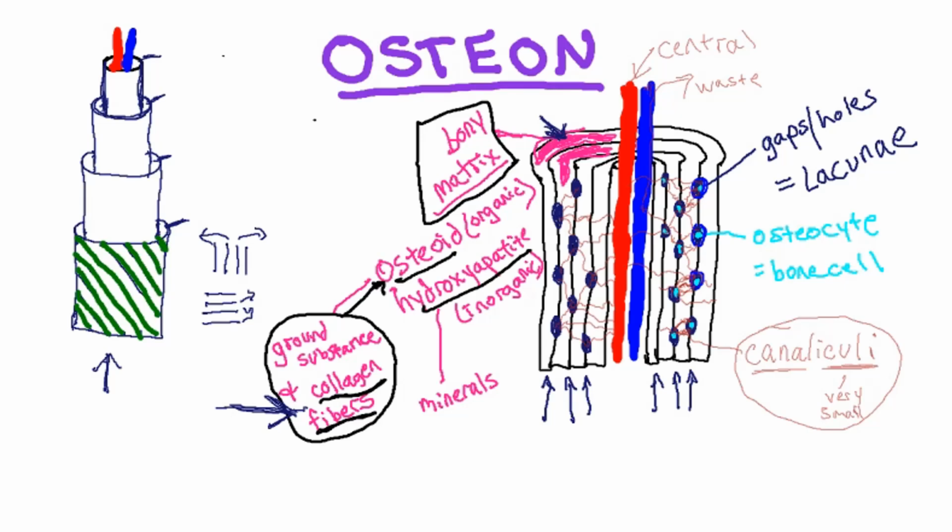Now, the layer inside of that outer layer in the osteon, it's still a layer of lamellae, and it's still made of the same stuff. But check this out. The collagen fibers that make up this layer of lamellae go diagonally in the opposite direction. And this is just how the concentric lamellae develop.